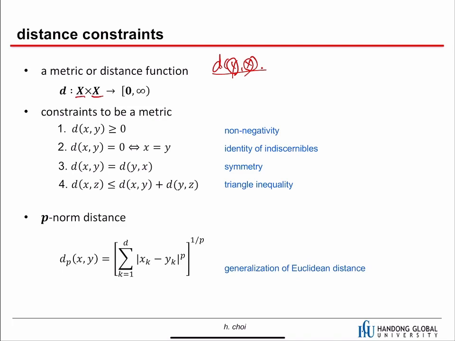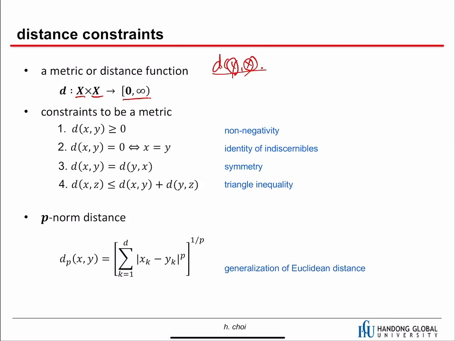So we have two inputs and the output is a scalar. From two vectors to a scalar, that is a bivariate function. That's the basic condition. And there are actual constraints for these functions to be a real distance function.